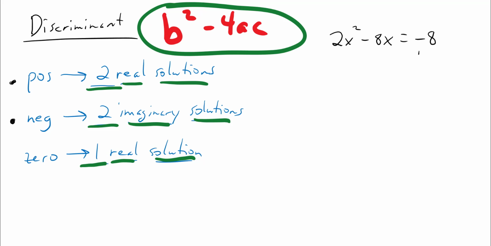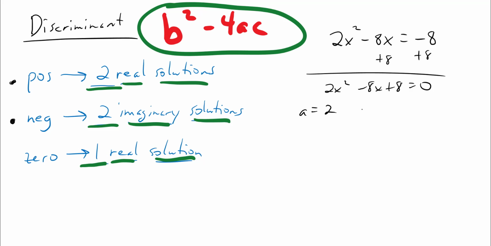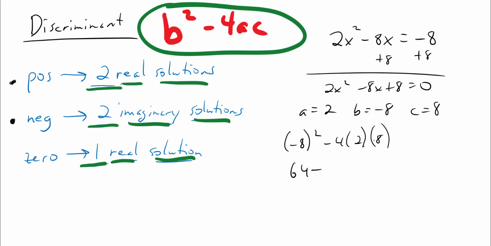The first thing I'm going to do is add 8 to both sides. So I get 2x squared minus 8x plus 8 equals 0. Now I put it in my discriminant: a is 2, b is negative 8, and c is positive 8. So b squared, which is negative 8 squared, minus 4 times 2 times 8. So 64 minus 4 times 2 is 8, 64 minus 64. Hey, 0. That's my discriminant.